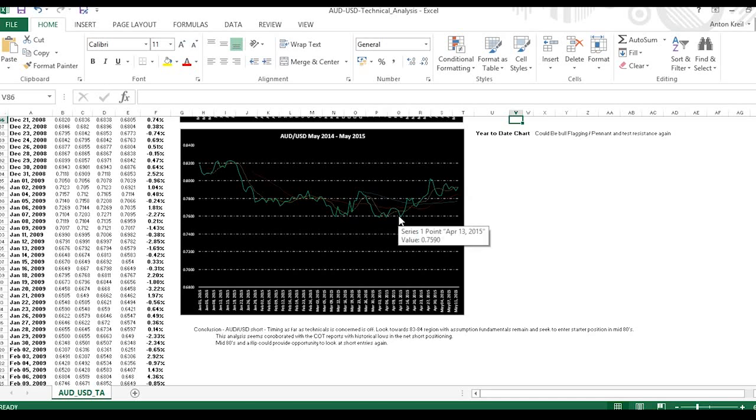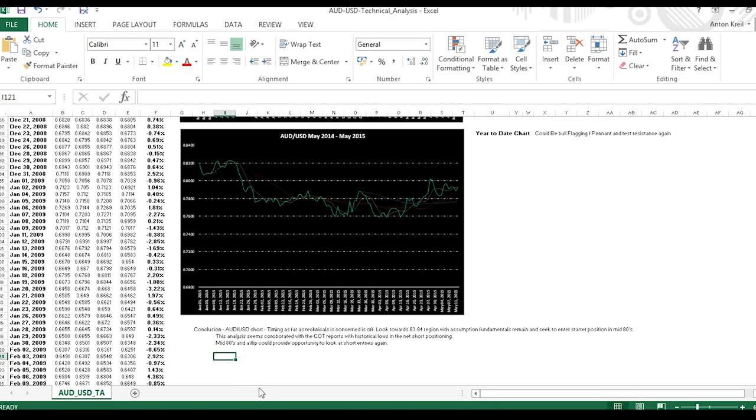So we have the rally here from 76 up to the 80 level, and it does seem like the Aussie dollar US dollar exchange rate is bull flagging at the moment. So when we take all things into consideration here, when we're looking at the long term to the shorter term charts, the Aussie dollar US dollar as a potential short, we have our fundamental predisposition, but the timing as far as technicals go looks slightly off.